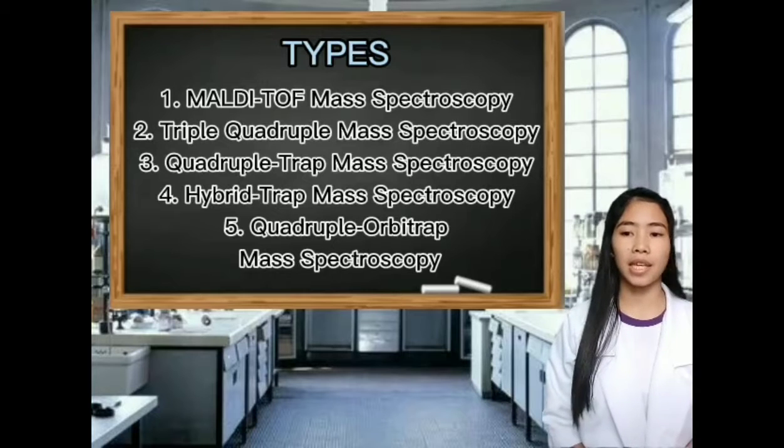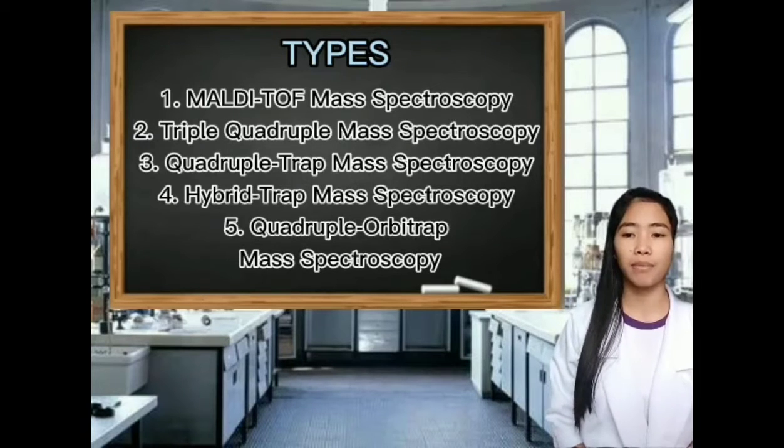So the first is matrix-assisted laser desorption ionization time-of-flight mass spectrometry, which is commonly used. It is a soft ionization technique to create ions with minimal fragmentation by using laser energy. In time of flight, the protonated ions are accelerated by an electric field to make an ion have the same kinetic energy as any other ions that have the same charges.